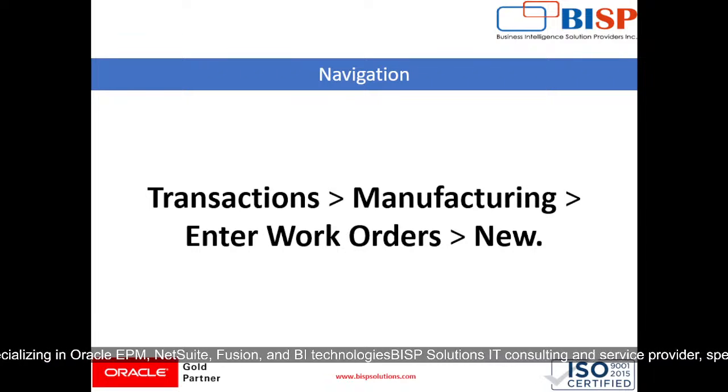Under Transactions we can find Manufacturing. Under Manufacturing we can find Enter Work Orders, and then we can create a new work order for the same, where we can select the assembly item, define the quantity, select a location and save the work order.